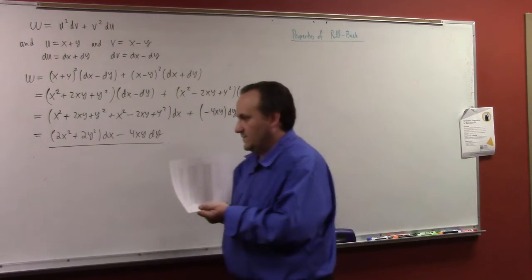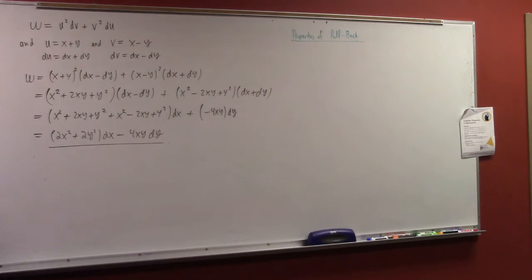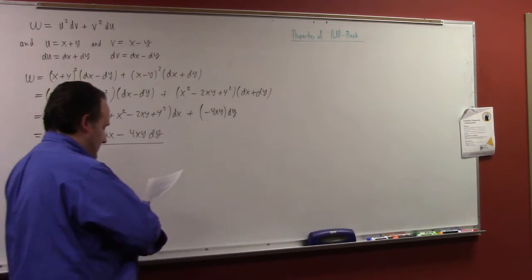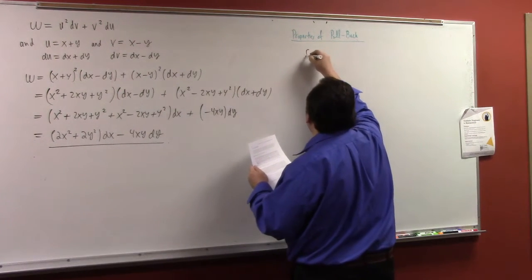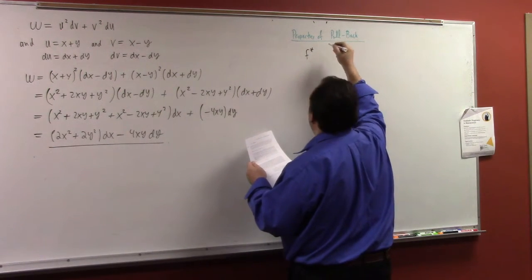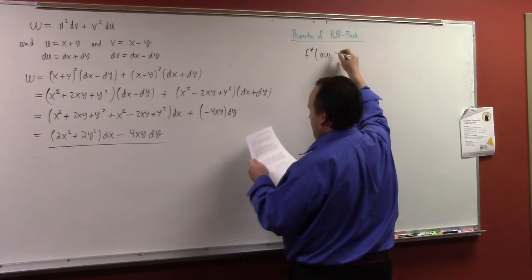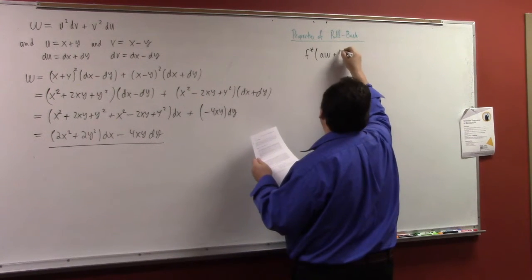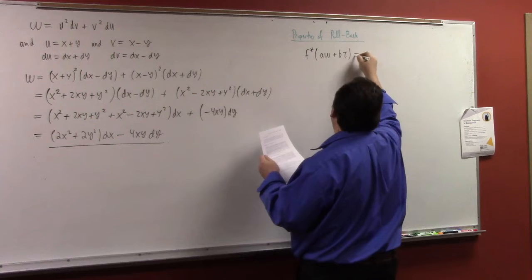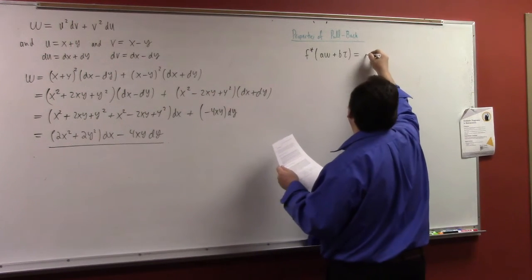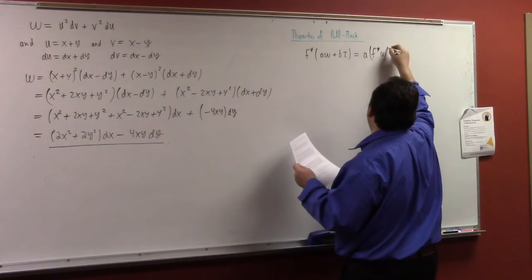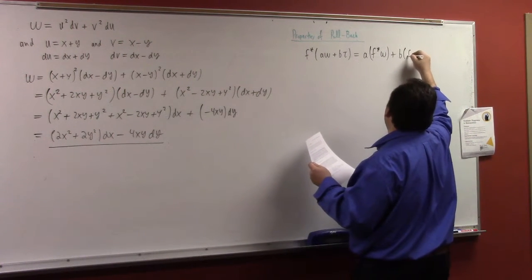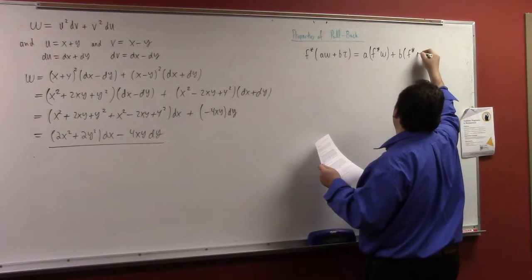What are the properties of the pullback? Well, they are as follows. The pullback of A omega plus B tau is A times the pullback of omega plus B times the pullback of tau.